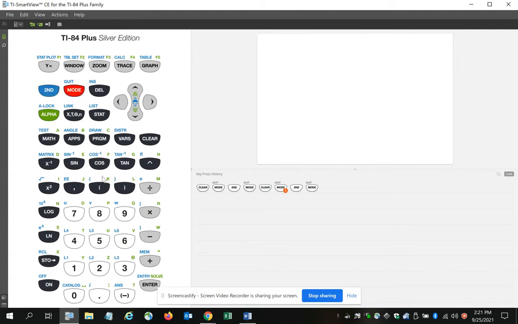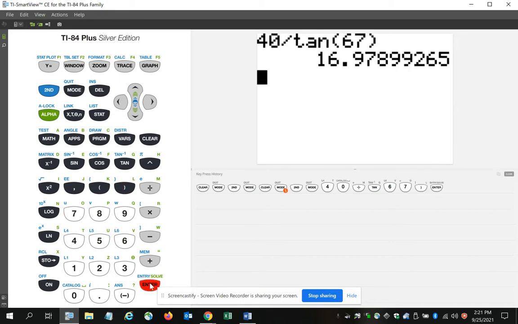Also, as I commented, you want to use sine, cosine, and tangent because you have those buttons on the calculator. If you use secant, cosecant, or cotangent, it gets a little tricky. So it just makes it easier. I'm going to type this in, 40 divided by the tangent of the 67-degree angle, and hit enter.